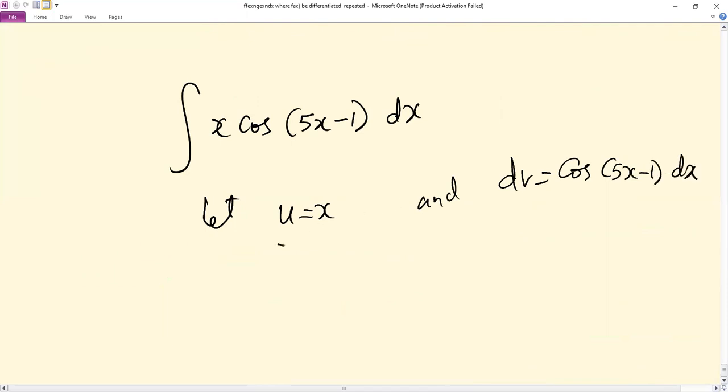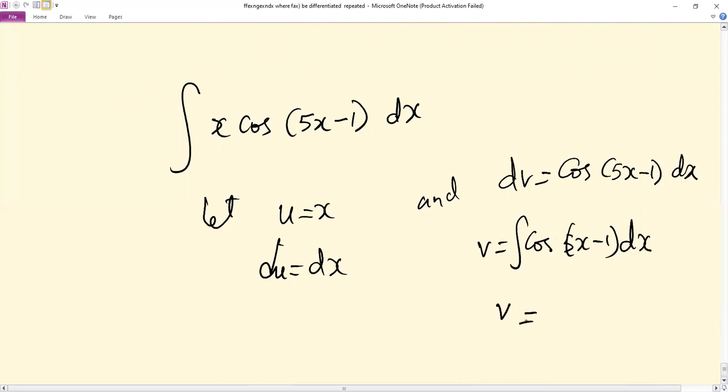So this means du will be dx and v will be the integral of cosine of 5x minus 1 dx. And when you use substitution method, this will give you v to be 1 over 5 sine of 5x minus 1.